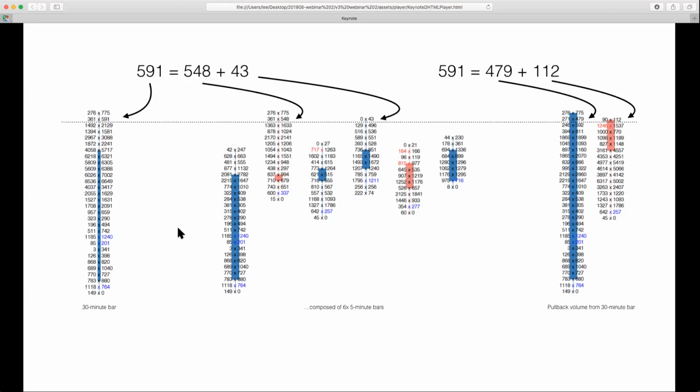Now, what we can do in advanced pullback analysis is consider the volume that traded when we pulled back from the extreme. And we can actually see this in Sierra Chart as raw data. When we analyze the trading that occurred within the candle, we can see how much volume is traded as we pulled back from a high, or as we pulled back from a low, until we go back and make a new high.